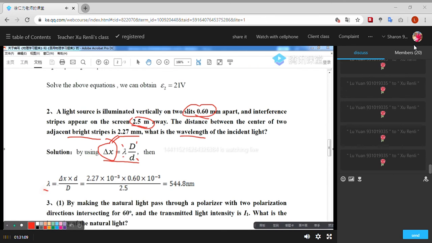The wavelength equals strip space times little d divided by big D. So the answer is 544.8 nanometer. It corresponds to yellow light.